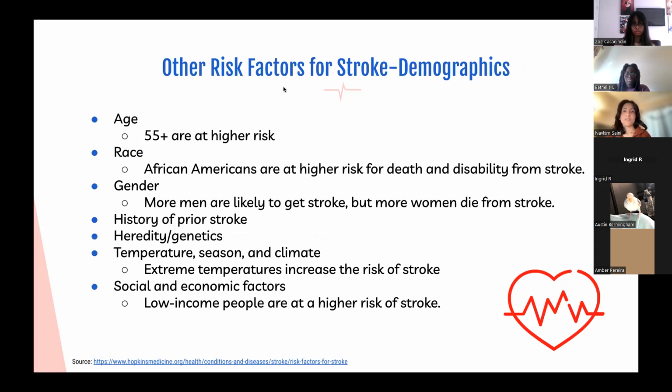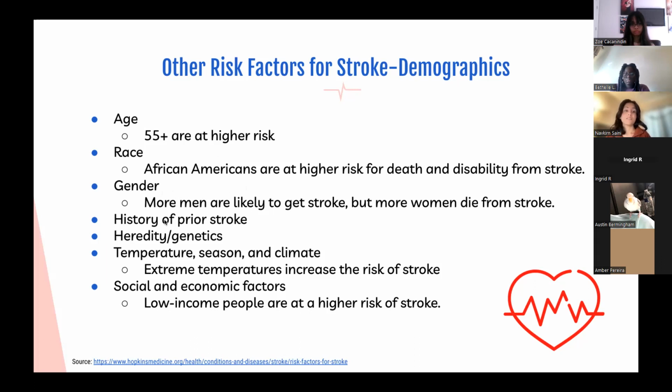Okay, so some other risk factors include being older, right? After 55, you're at an increased risk for stroke in general. Like I said, race. At most, African Americans are at the highest risk for death from stroke. And in terms of gender, more men are likely to get stroke, but with women, since symptoms are usually different from men, women tend to die more from stroke.